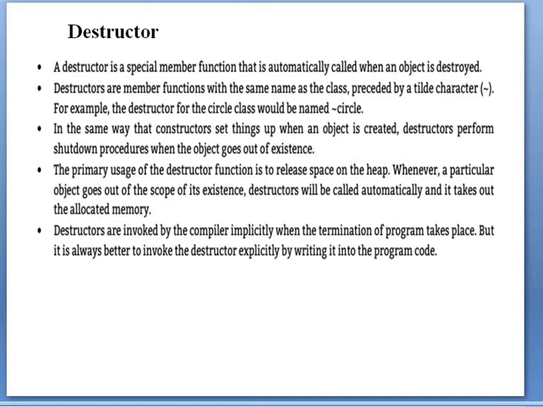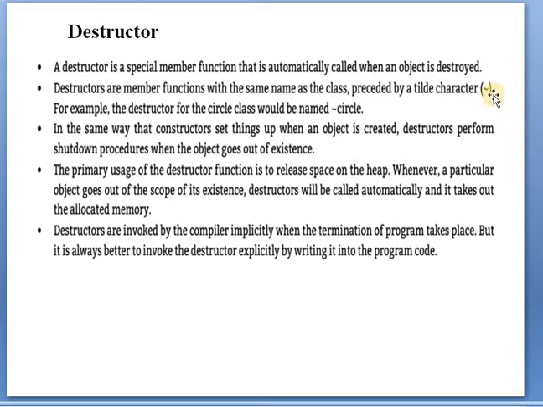Destructors are member functions with the same name as the class preceded by a tilde character. So again, the name of the constructor, the name of the destructor and the name of the class, all three names are similar. But what is the difference? In the destructor we have to use the tilde operator.